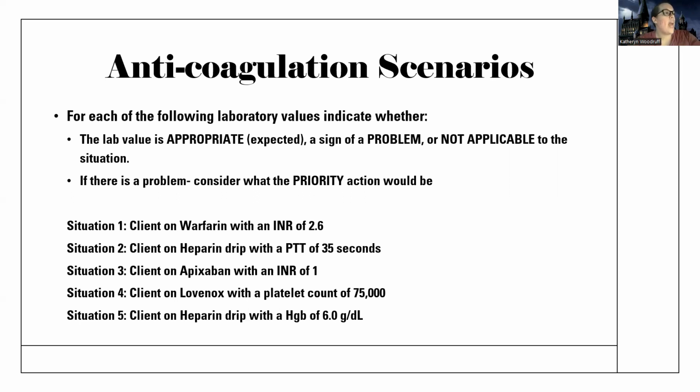Now I have a client on a heparin drip and a PTT of 35 seconds. So first heparin drip, okay. PTT, are heparin drips and PTT connected? Yes. Remember, PTT, the only time I really need to check this, I didn't really go in depth in this earlier, but there is an APTT and PTT, but just know, for our class, our school, what we say is 46 to 70 is per the book.